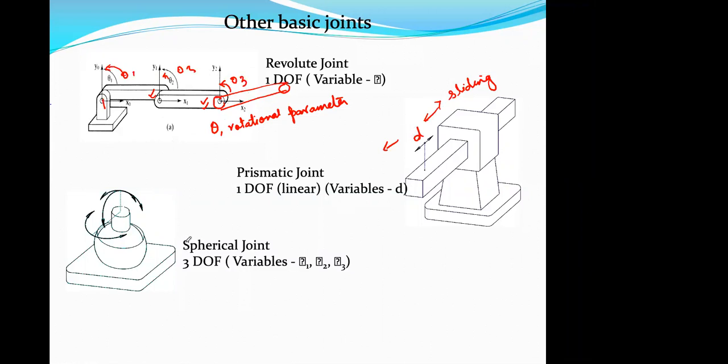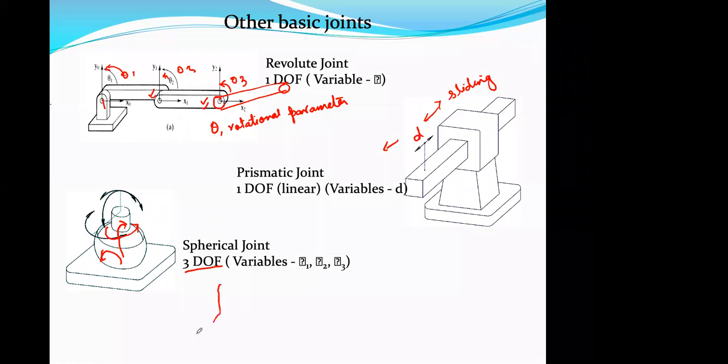Another joint you can see is the spherical joint. The spherical joint has 3 degrees of freedom. How can it have 3 degrees of freedom? This sphere can move in this direction, in this direction, and in this direction. So in this way there will be 3.